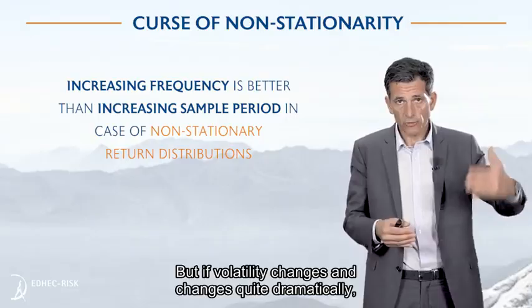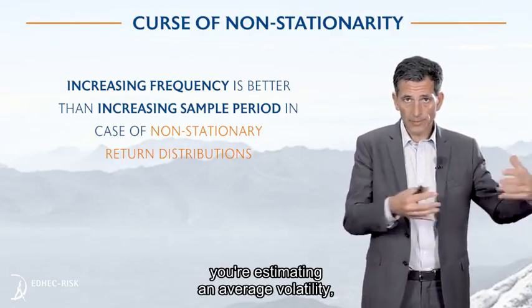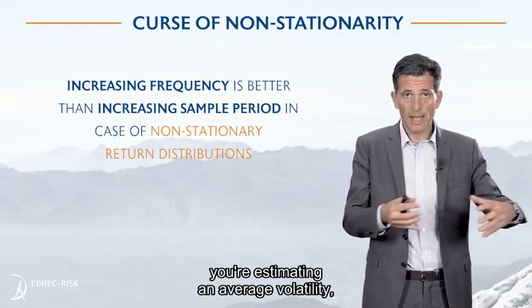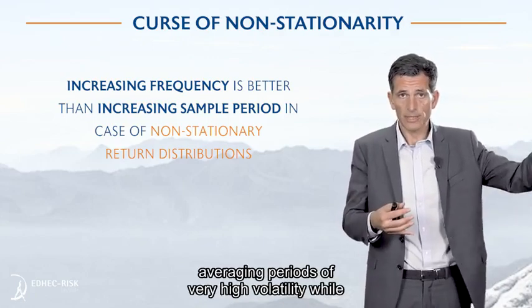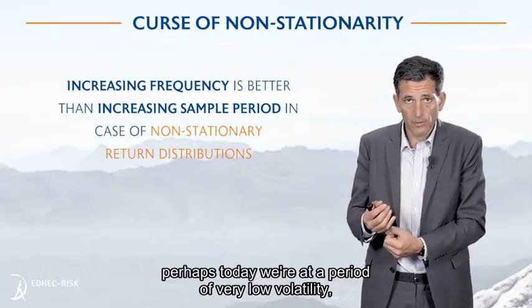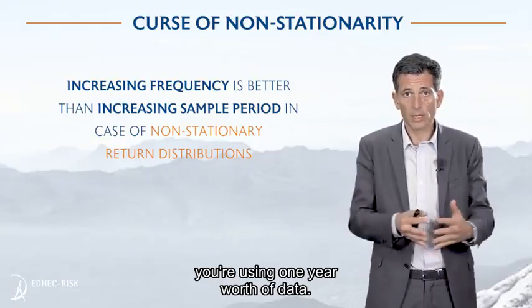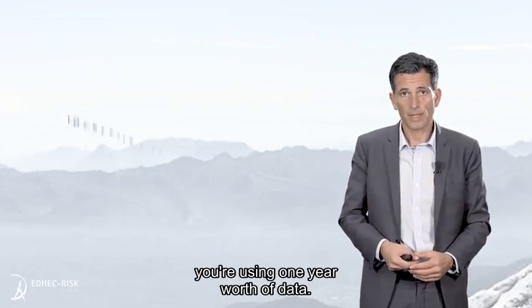But if volatility changes quite dramatically, you're estimating an average volatility, averaging periods of very high volatility, while perhaps today we are at a period of very low volatility. And you're not going to recognize this because you're using 1 year worth of data.